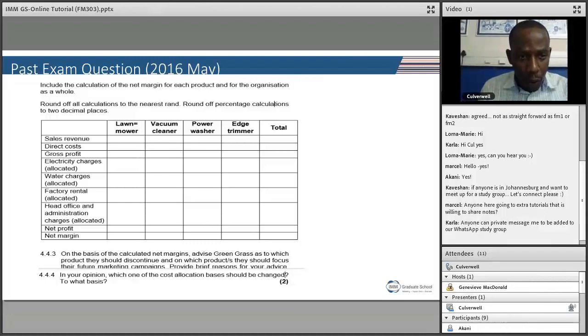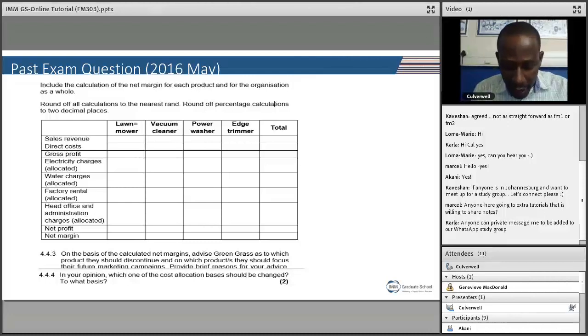So for the first two products, we have 88 million for sales revenue for lawnmower, and 64 million on the direct cost. So 88 million subtract 64 million will give you your gross profit being 24 million.